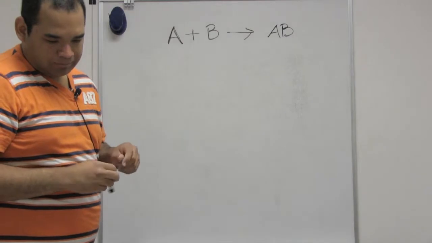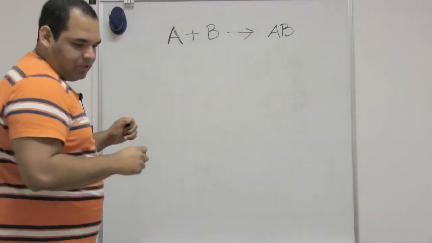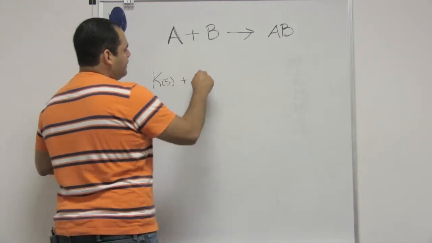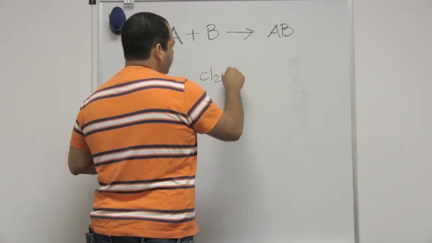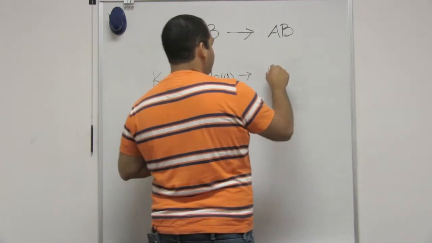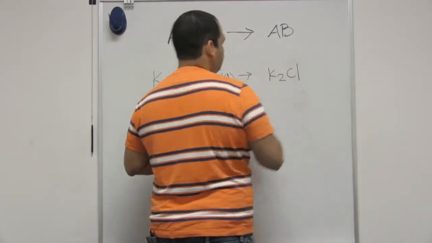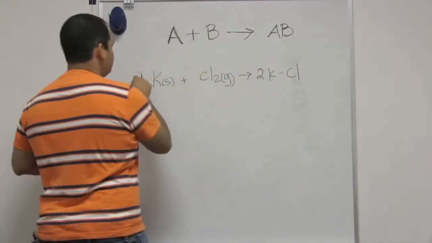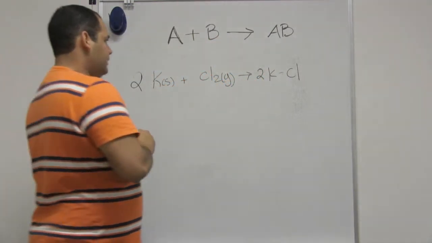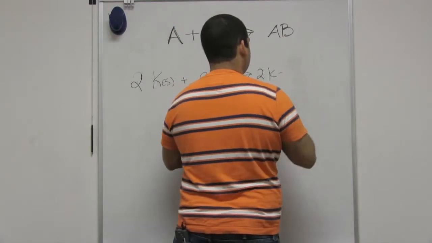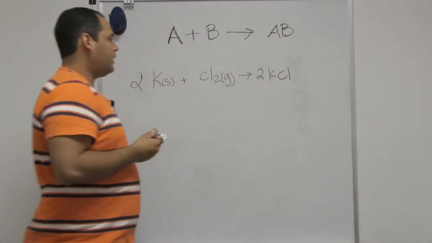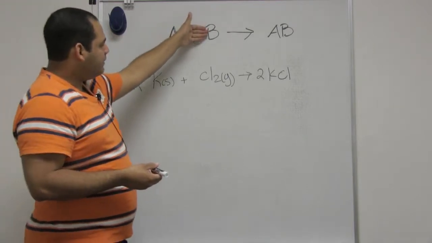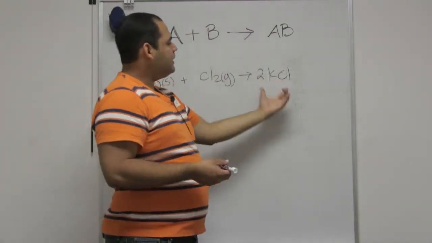I have an example here where you have potassium solid plus chlorine making KCl, potassium chloride. So basically we have our element A, our element B combining, making AB.